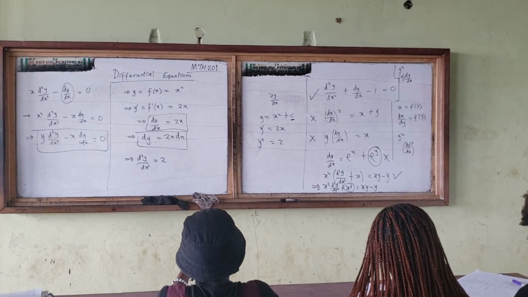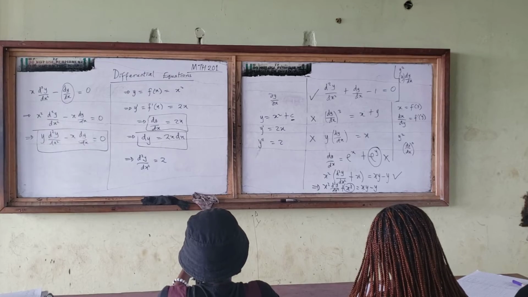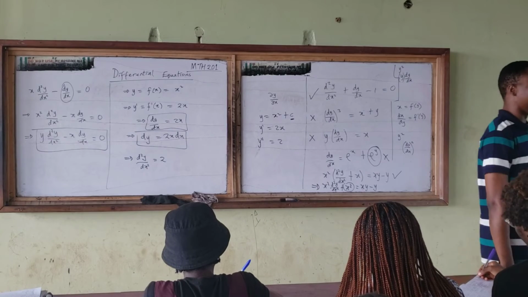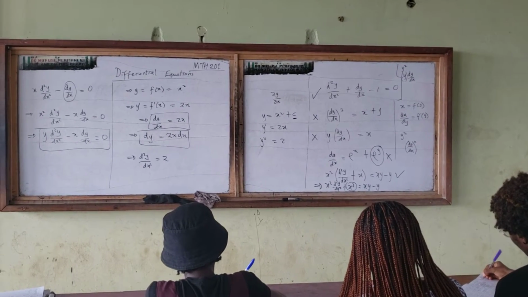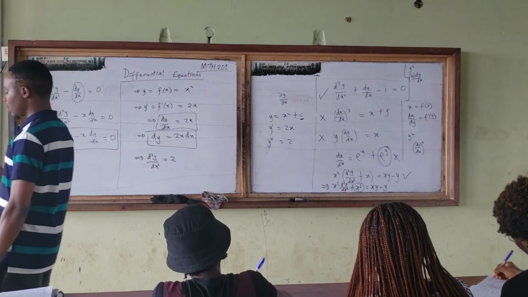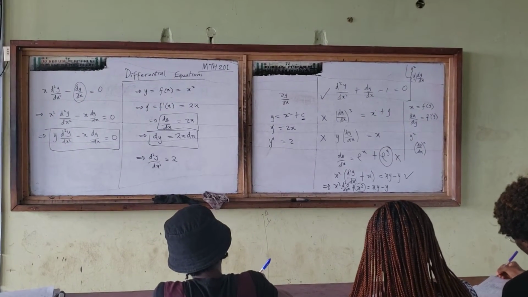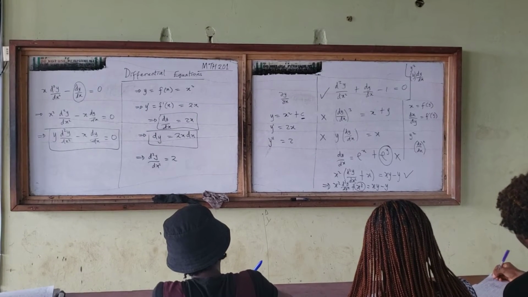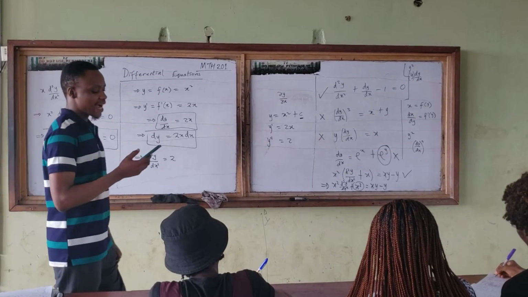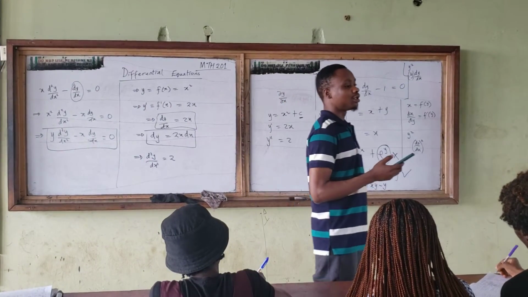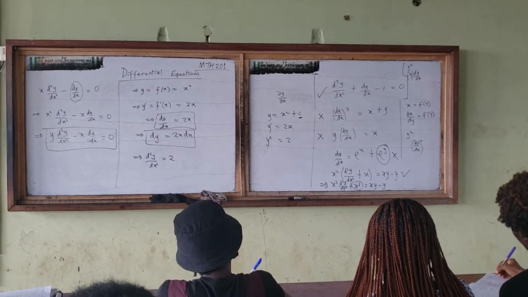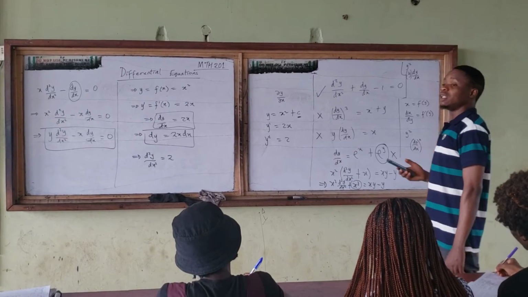So this one now is non-linear. A differential equation is said to be linear if the dependent variable and its derivatives appear linearly.